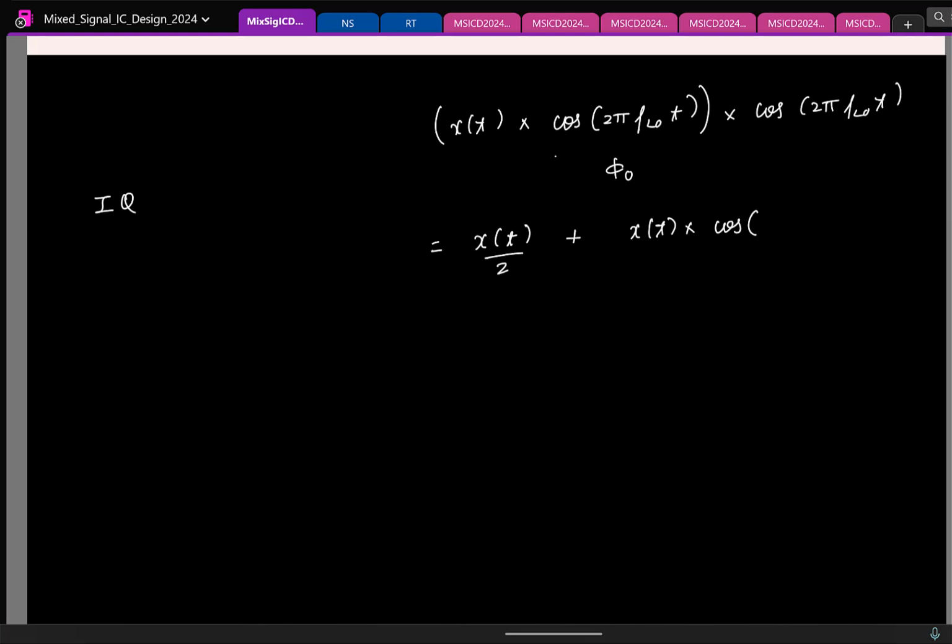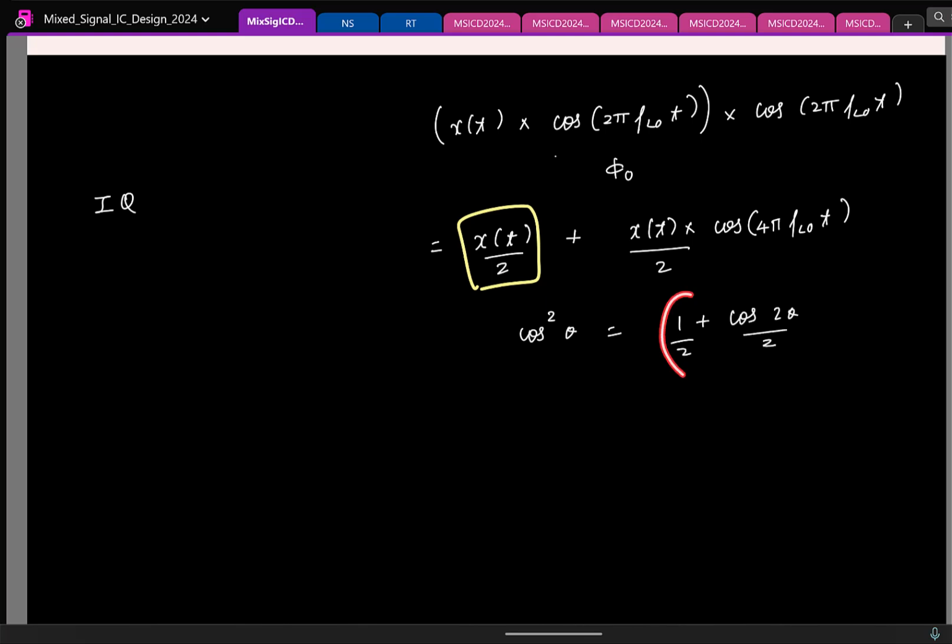No, it's cos only. Okay. Oh man, everyone forgot trigonometry. So now you see I got back the signal here, and this other term is shifted to a much higher frequency, don't worry. Again, the reason we are able to get the signal back is that cos square theta is 1 plus cos 2 theta by 2.